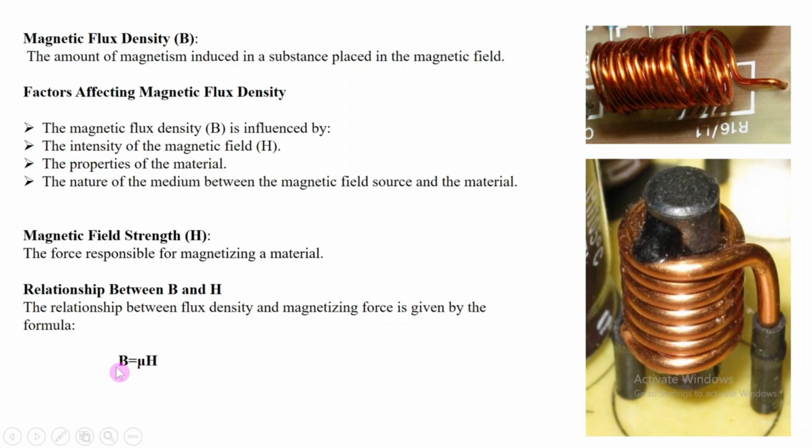So B is the internal magnetic field, the magnetic field inside this soft iron, and H is the magnetic field produced by this coil. So this is the relation between them.